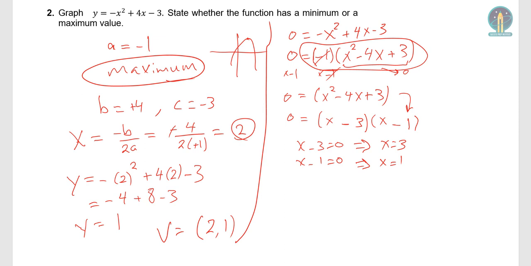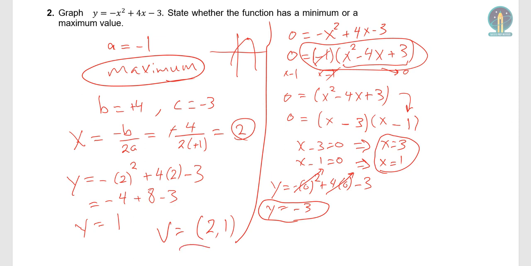We can very easily find the y-intercept by plugging in 0 for the x's, so y equals minus 0 squared plus 4 times 0 minus 3, so y equals minus 3. So the y-intercept is minus 3, and the x-intercepts are 1 and 3, and the vertex is at 2 and 1. Look at that. So we have all the information we need to graph a nice-looking parabola for our equation.